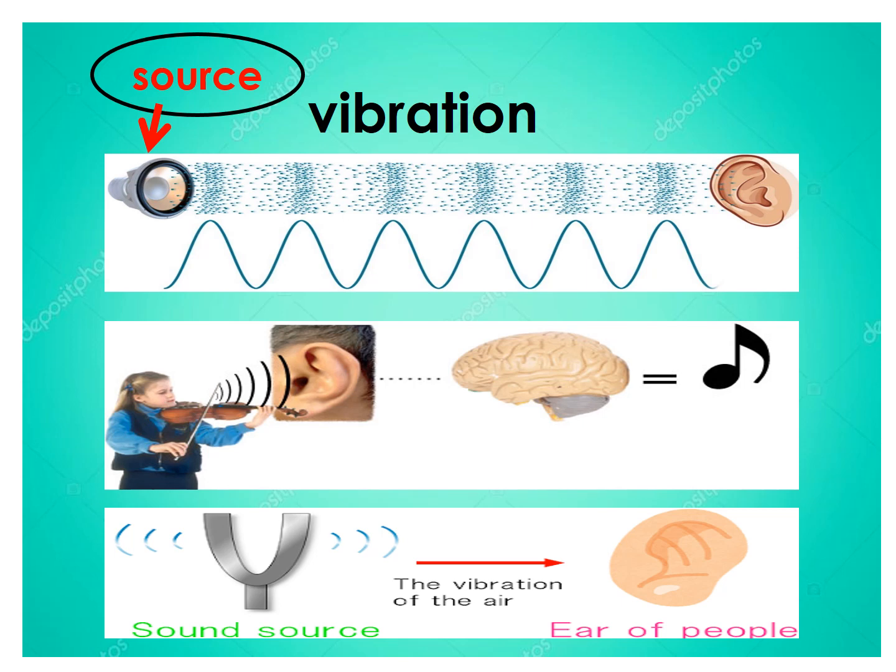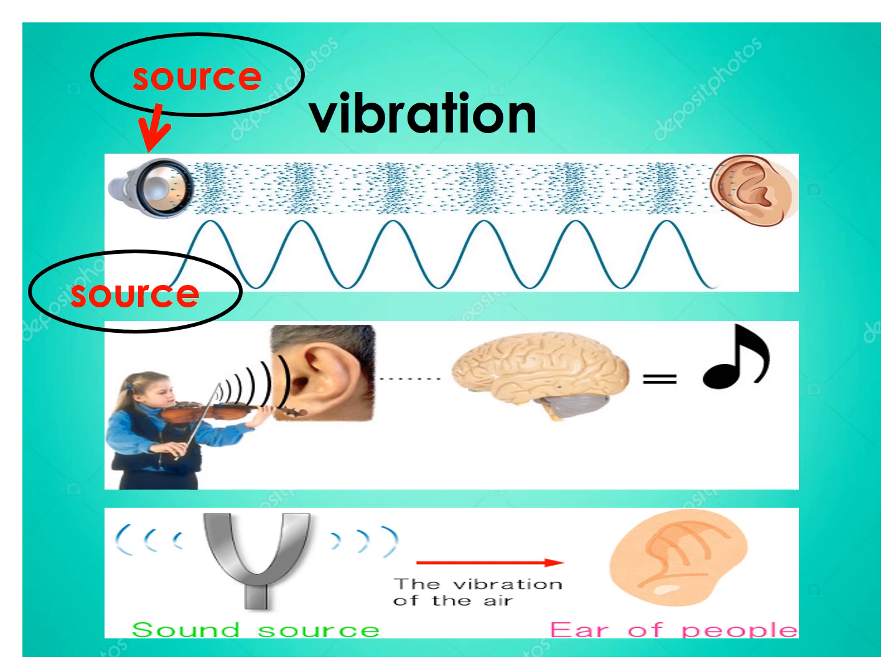Look at the next example. When the girl strikes the string of the violin, the strings vibrate, creating a sound. This vibration travels through the air until it reaches the ear. The ear will then send it to the brain.